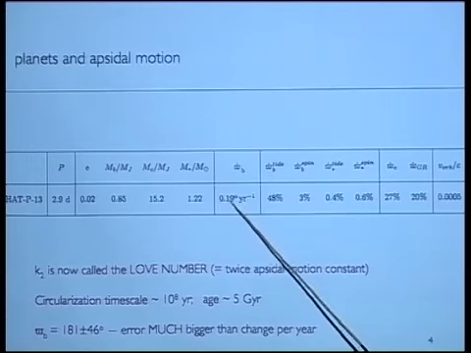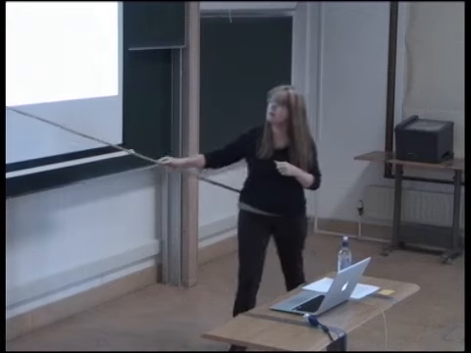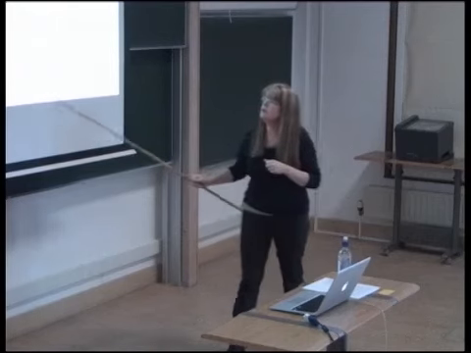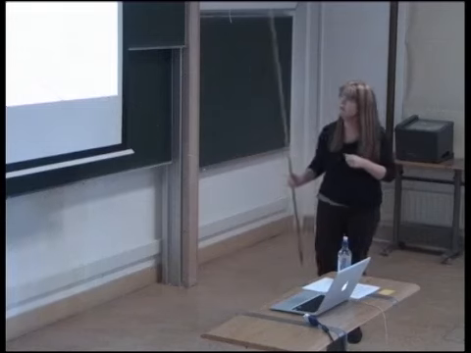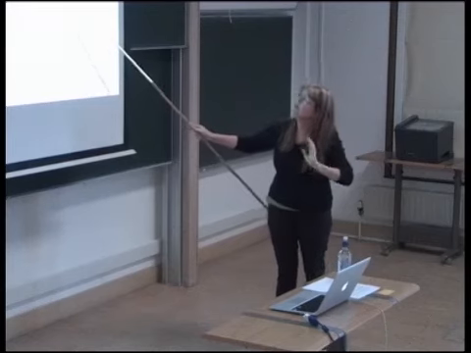This is a theoretical apsidal motion, and there's no hope in hell of ever measuring that, at the moment anyway, because the error on this apsidal angle is huge, much bigger than the change per year.